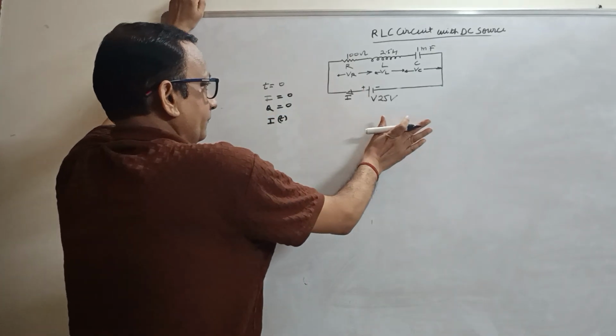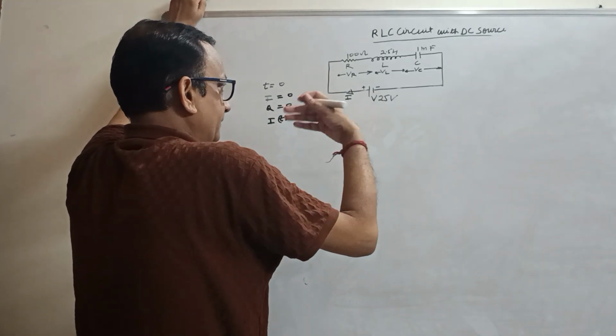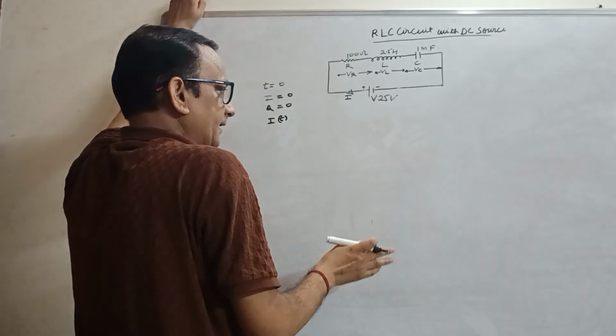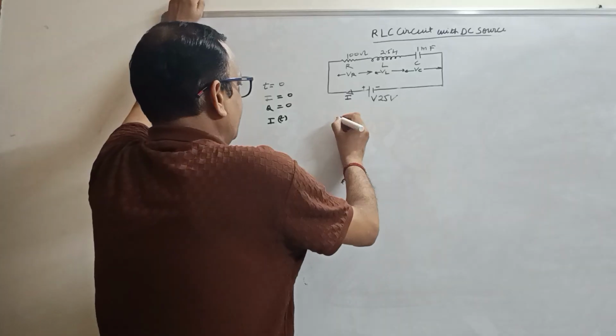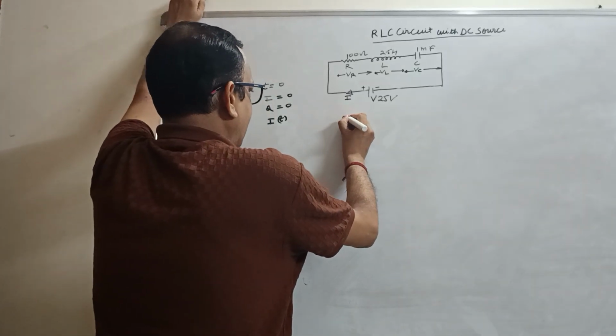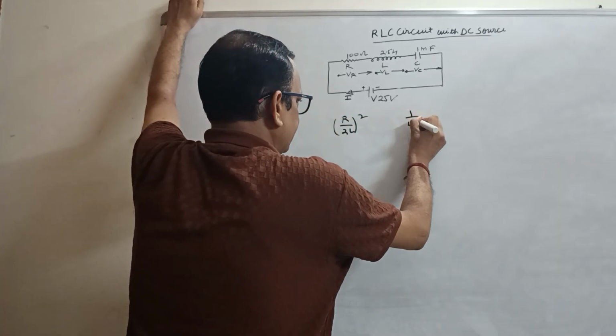So we find the situation here: the circuit is in which mode, either under damping, over damping, or critical damping. So we find the discriminant here: (R by 2L) whole square and 1 by LC.